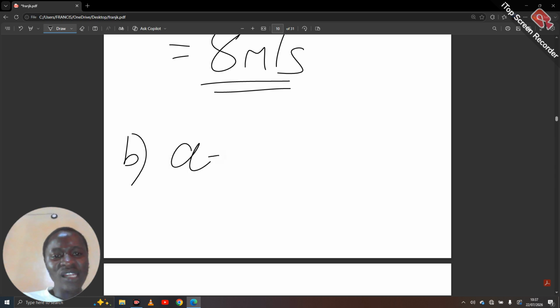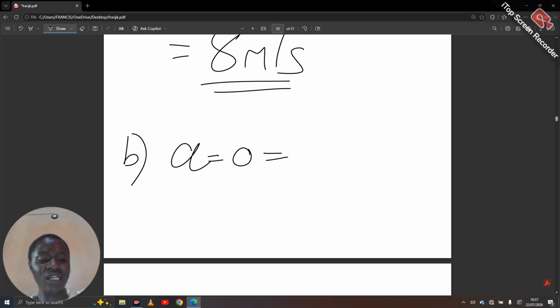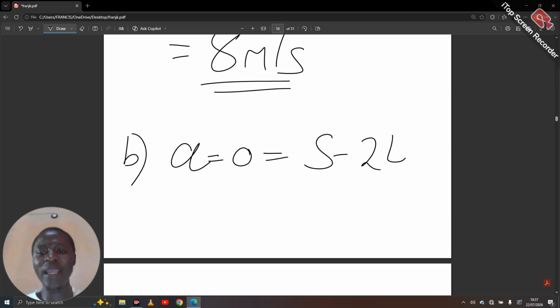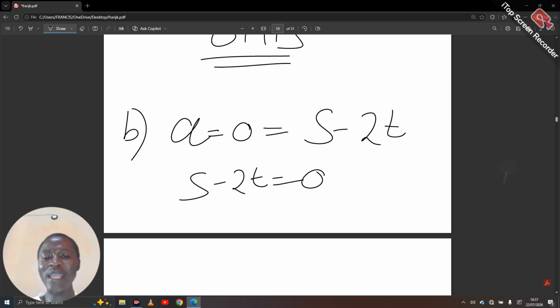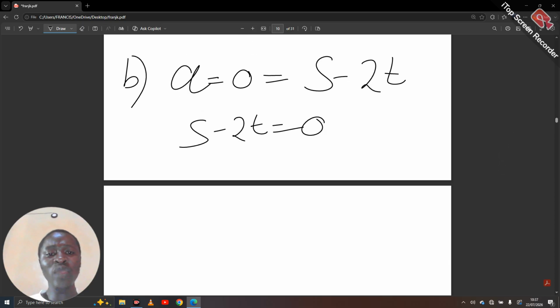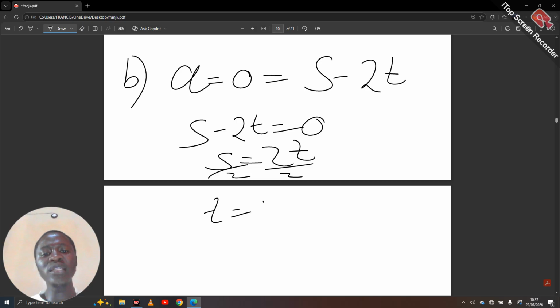So acceleration equals 0, which equals what was our initial acceleration, the acceleration that was provided in the question? That one was 5 minus 2t. So that means 5 minus 2t equals 0. So we are having 5 equals 2t, divided by 2. That means our time there will be 2.5 seconds.